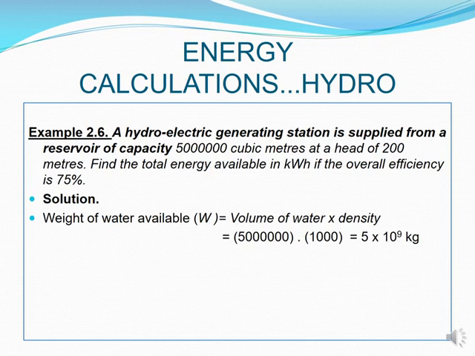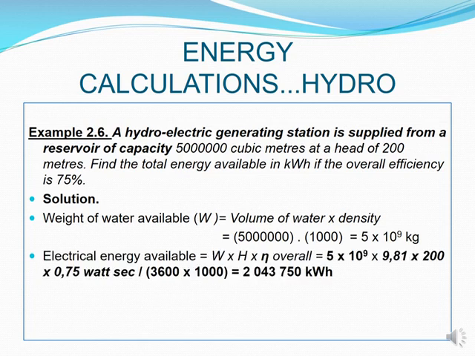To do this, we start off by working out what the weight of the water available is going to be. For this, it's the volume of water multiplied by the density. For density, we utilize 1,000, and the volume of water has been given as 5 million cubic meters. We get that in kg as an answer.